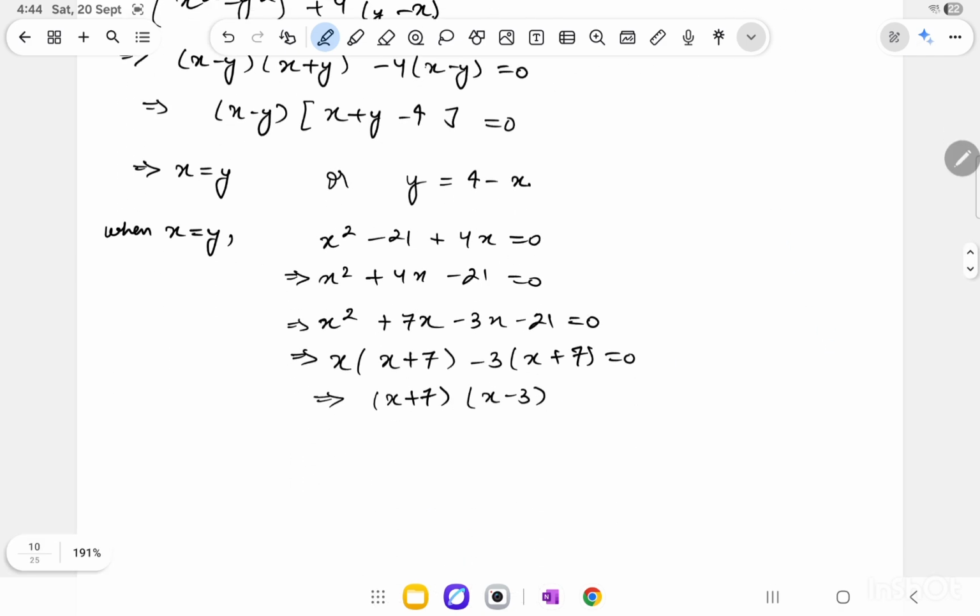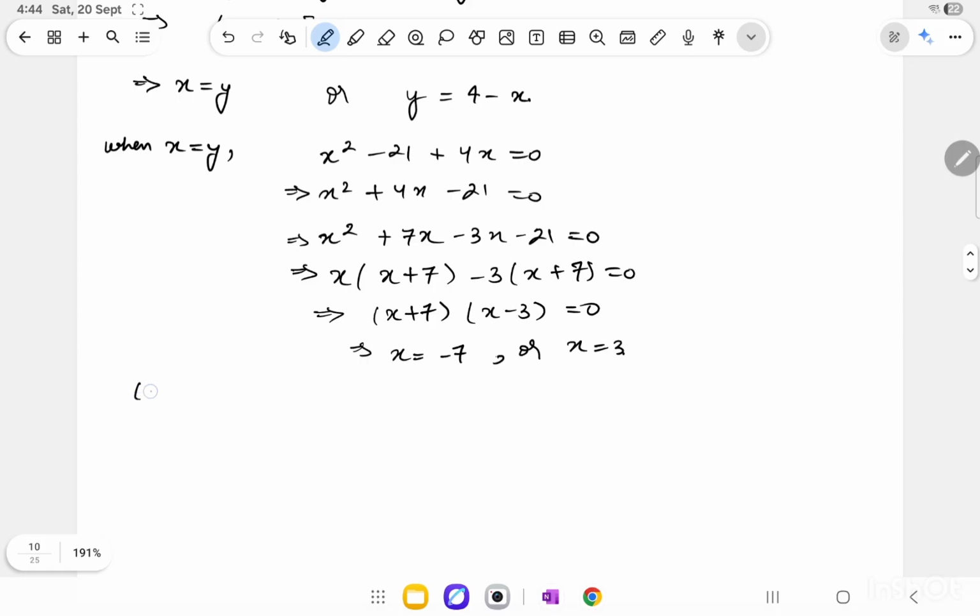So that basically gives me either x is equals to negative of 7 or x is equals to 3. So from here I got my critical points as minus 7 comma minus 7 and 3 comma 3.